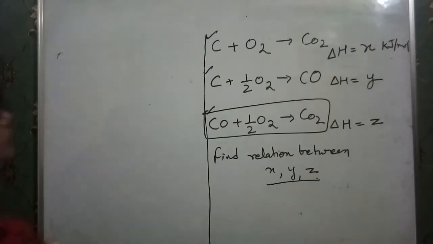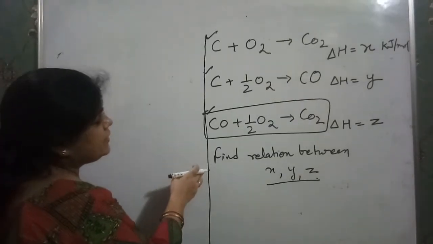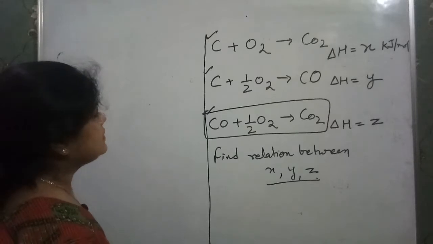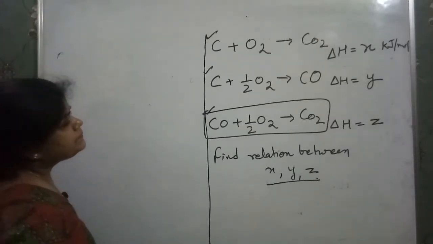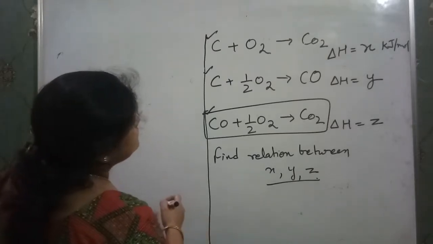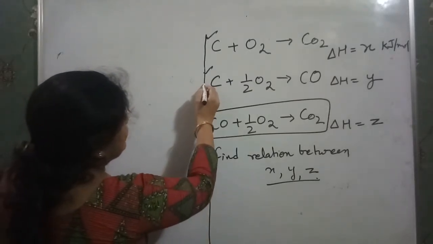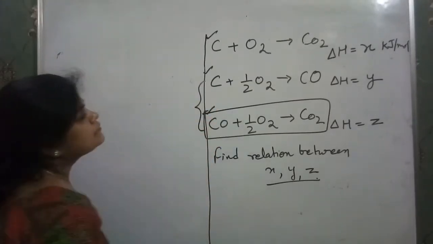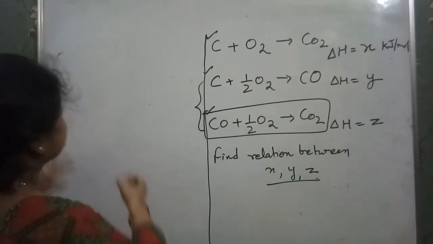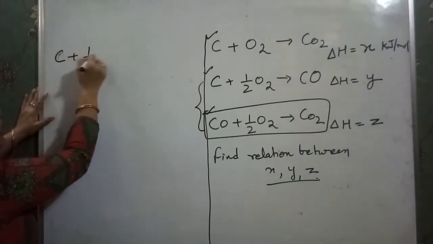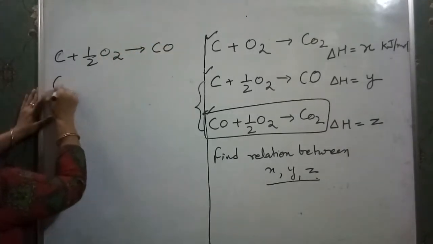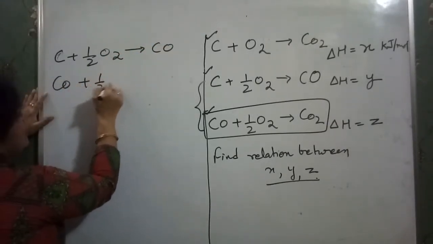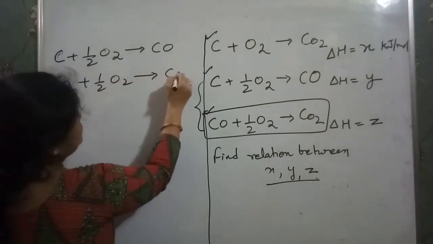Now see this question. We have to find the relationship between x, y and z. We can see easily here that if we add these two, what will we get? C plus half O2 gives CO, and here we have CO plus half O2 gives CO2.